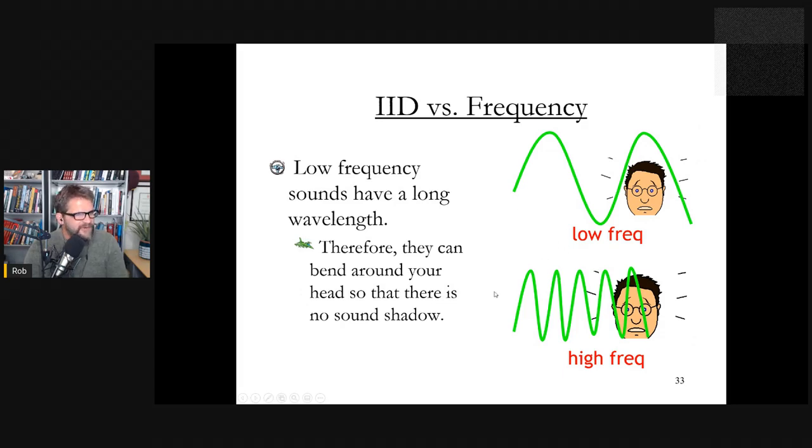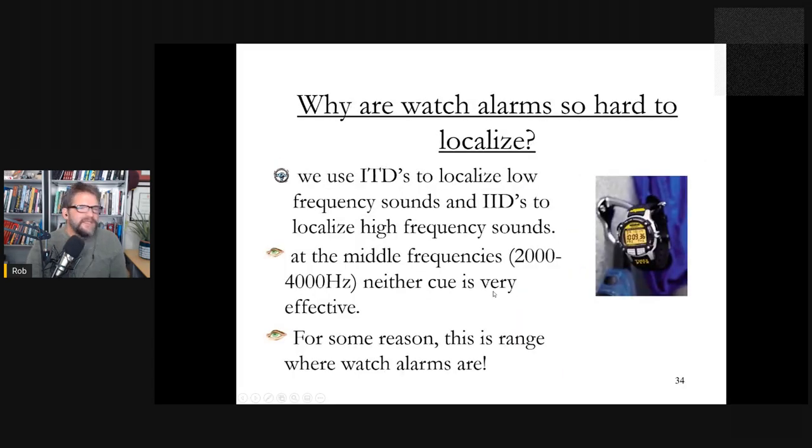It works better for high frequencies. Time differences work better for the opposite, for low frequencies than high frequencies. So if we get right in the middle, we have this kind of soft spot where neither of them works optimally, so we can have problems localizing the sound.